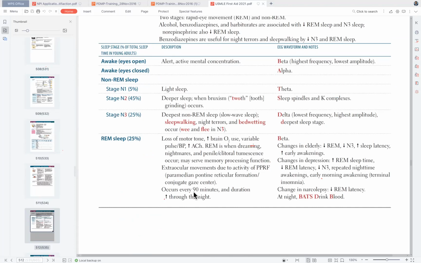I'm just giving you high yield information. Here, they love this topic. They want you to know that if a child is having night terror, what stage of sleep are they in?